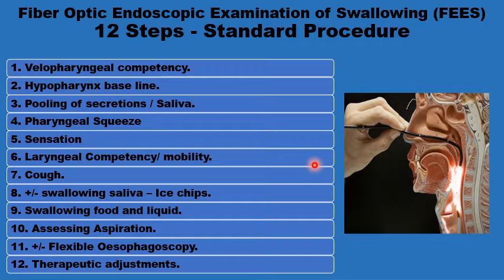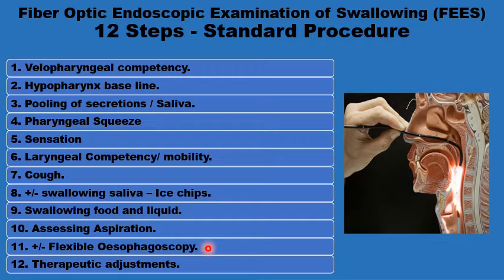laryngeal elevation, testing the cough reflex, and then if there are reasons to suspect a high risk of aspiration, you start the introduction with ice chips rather than colored food and drink. If this can be tolerated, you go up the ladder to the colored food and drink, and then assessment of any aspiration or pooled retained secretions in the pharynx, followed by the examination of the upper esophageal sphincter area.